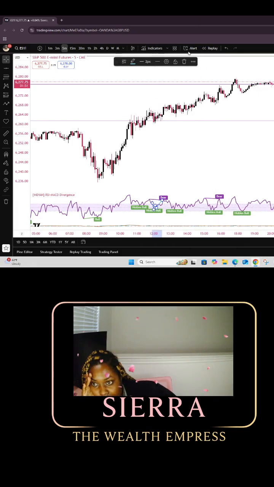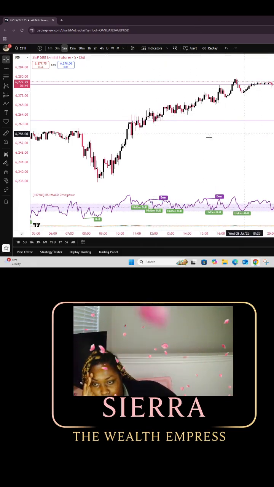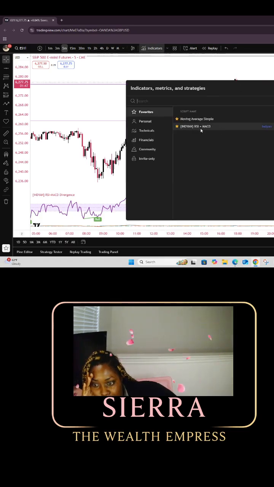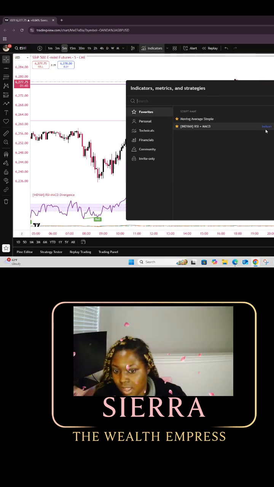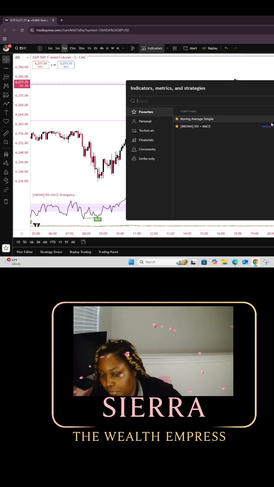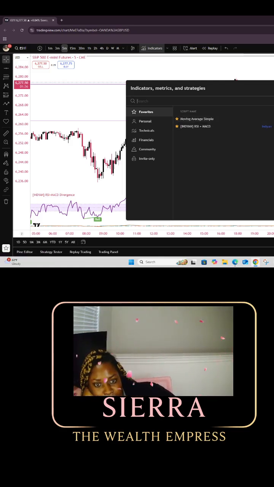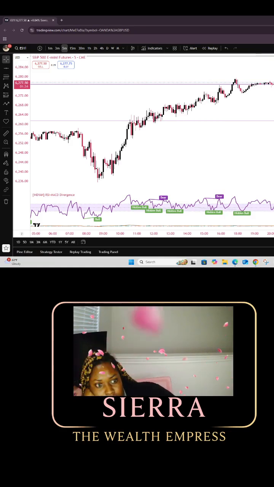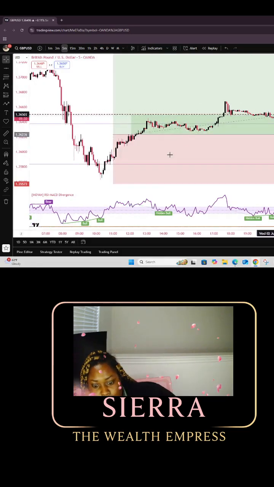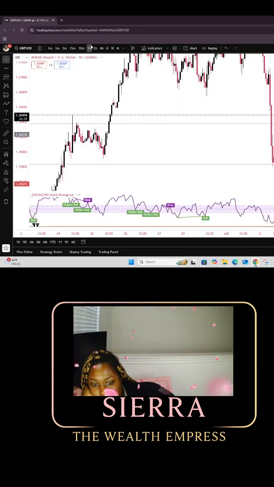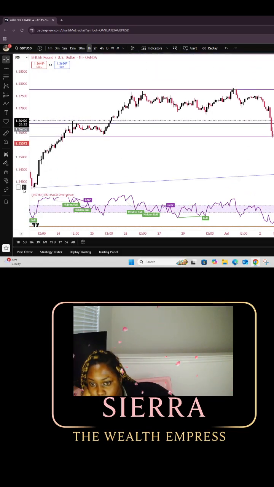This indicator right here has become an extra confluence. The name of the indicator is RSI plus MACD by Indian, I-D-Y-A-N. And I used that also when I caught GU.